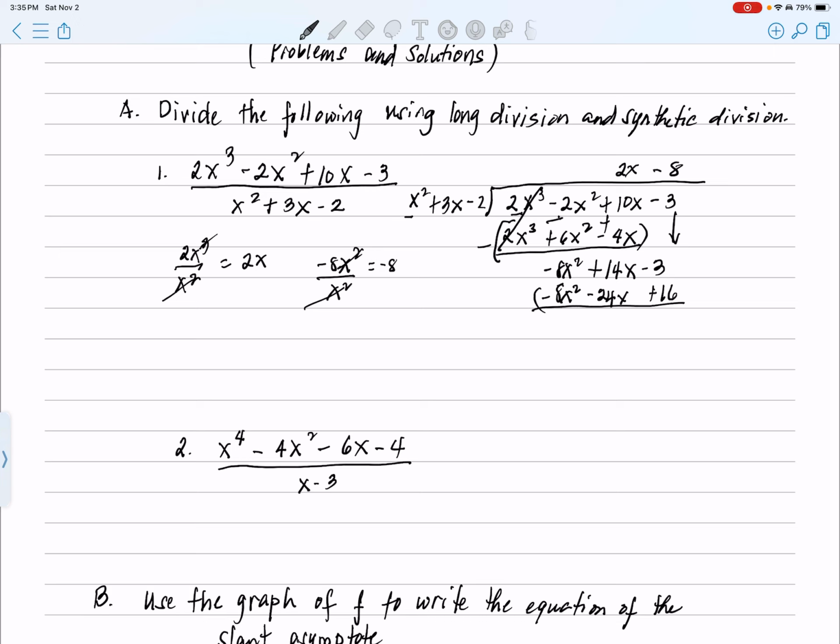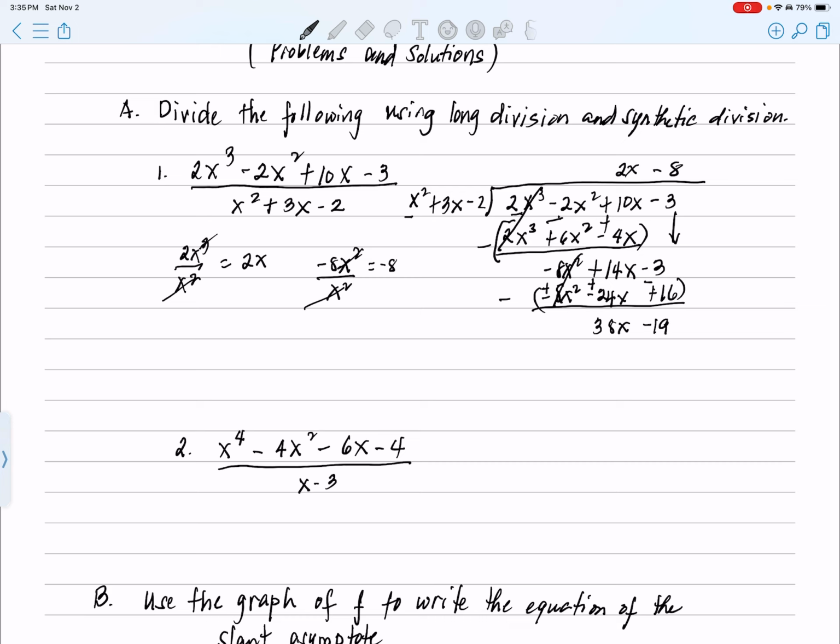Then subtract, so change the sign. Everything here. So 14 plus 24, that's 38x. The negative 3 and negative 16, that's negative 19.